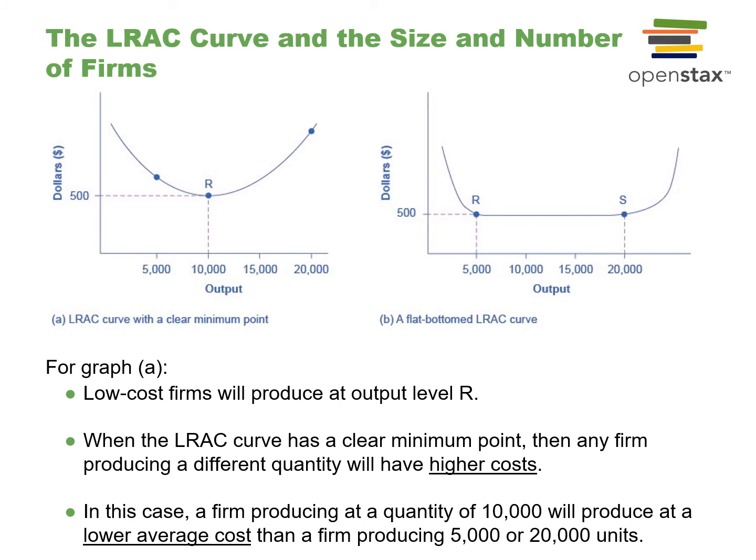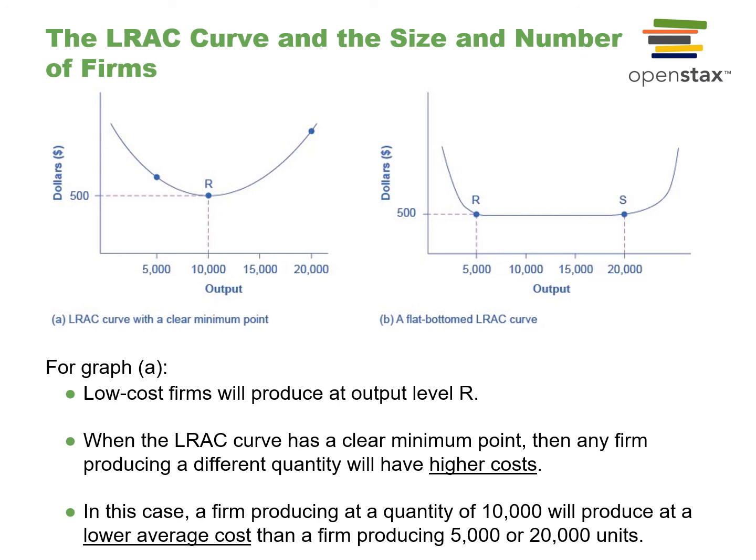So here are a couple of LRAC curves. Like anything else, there's a point where there is a clear minimum, and that's at $500 for an output of 10,000.